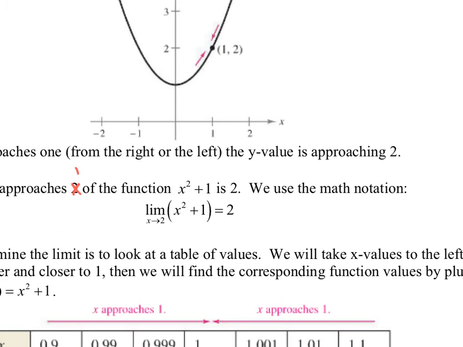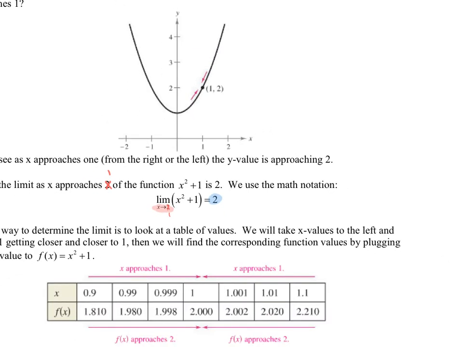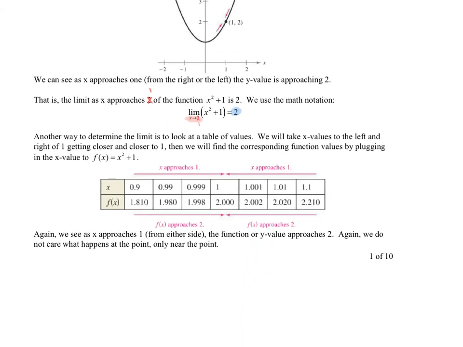Again, there's another typo, I apologize for that. The limit as x approaches 1 of x squared plus 1 is 2. Here we're talking about the x value, and here we're talking about the y value. You give me the x value, I give you the y value, kind of like function notation, but we're talking about as we approach a value.